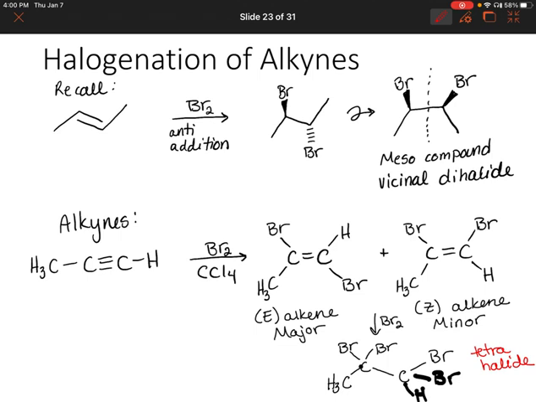None of the carbons are bonded to 4 different groups, so that's kind of nice. We don't have to worry about that. Now, you don't have to necessarily draw those intermediates, the alkene intermediates. You could just show that you can go directly from a triple bond to the tetrahalide using excess Br2 and carbon tetrachloride.